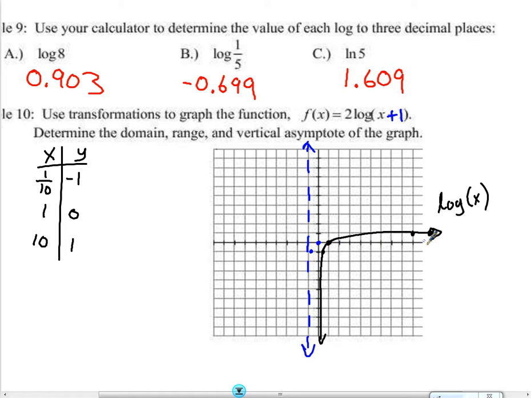But now I'm going to multiply it by 2. When I multiply it by 2, what's going to happen to those values?